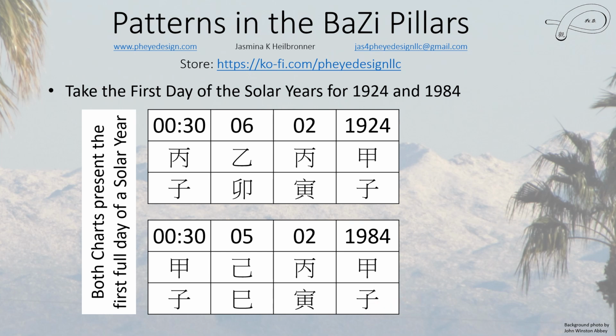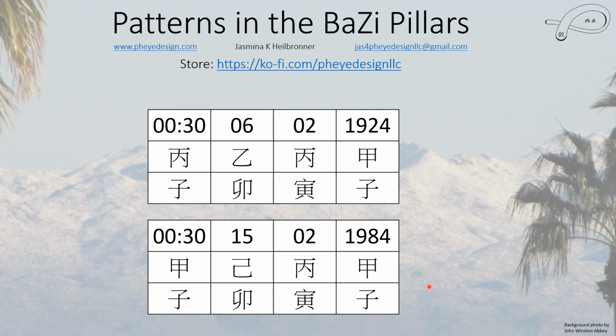Now, you can ask, okay, well, let's go for the next rabbit day after the 1984 solar year has started. And we do have the same rabbit, but we don't have the same stem. However, if we go 24 days ahead in 2024, we actually have the exact same chart.